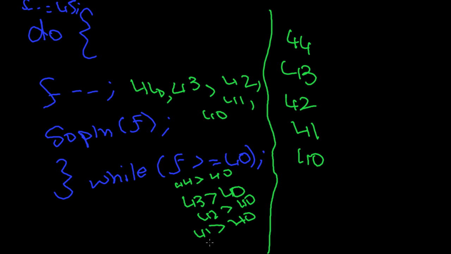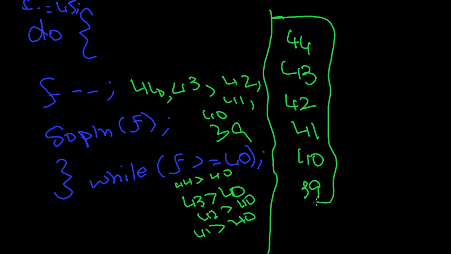Comes down, 40 is equal to 40, becomes 39, prints 39, comes down, 39 is not greater than or equal to 40, and it exits. So there you see how it came to the same output, whether you used a while or a do while.